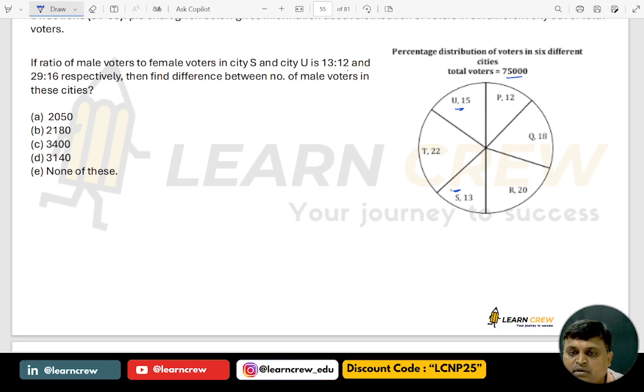City S, the total is 13% of 75,000, and out of that 13 parts are 13:12. 13:12 means what? 13/25 parts of these are males, right? And what about the city U?